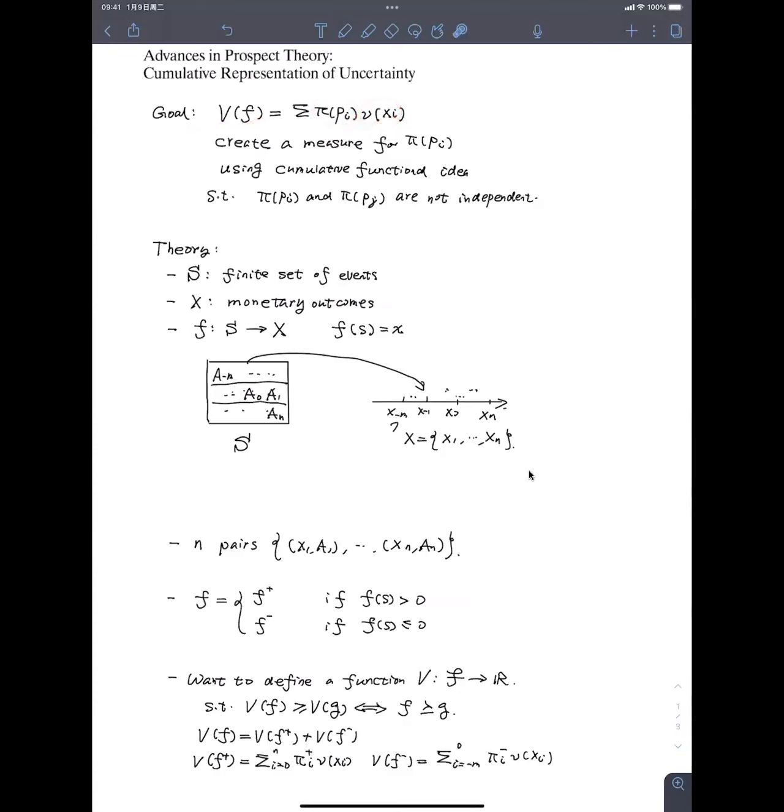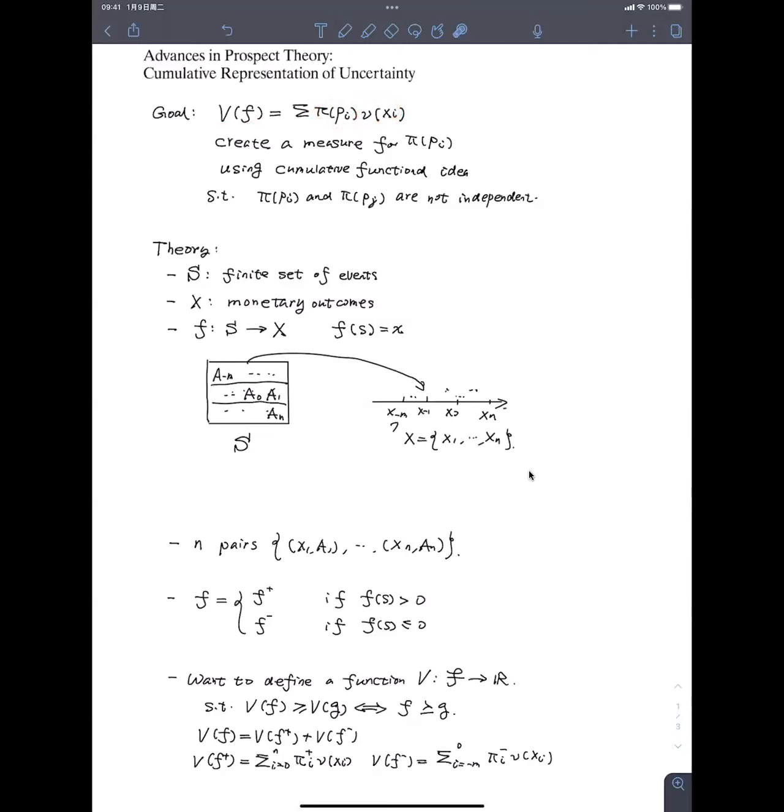But in class, we basically treat the decision weights for different cases as independent. In this paper, the author proposed a method using a cumulative function such that for different cases, the measures of weight are not independent.